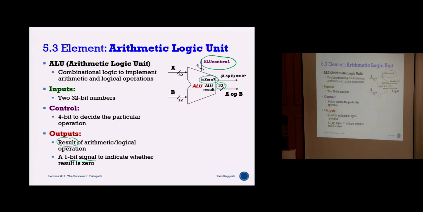This gives you an idea to check immediately whether two numbers are equal or not equal. That's why they have this additional is0 output, to check immediately whether the output is equal to 0 or not. So for your branch, you can straight away look at this signal to decide whether a branch should be taken or not.